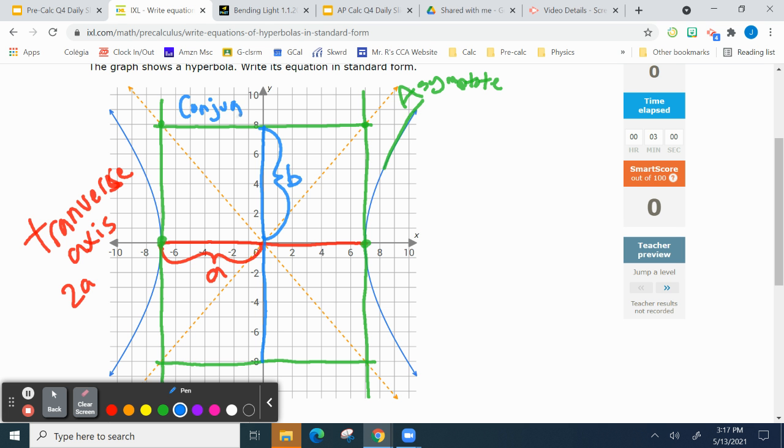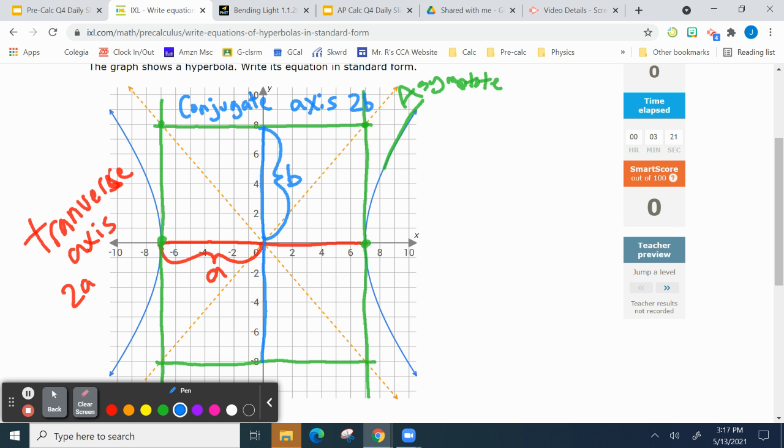That means the partner axis. You remember we had the complex conjugate, the partner, that enabled us to get the imaginary number out of the denominator of the fraction and all that stuff, right? So that's the conjugate axis, and the conjugate axis is 2b, okay?